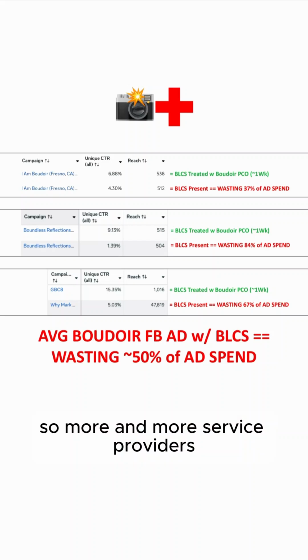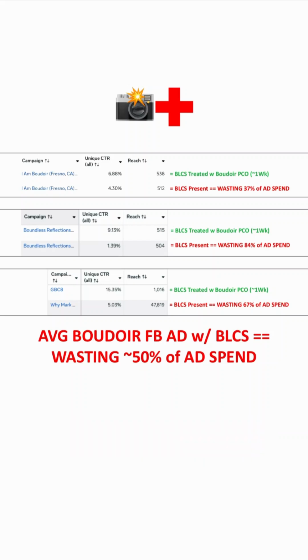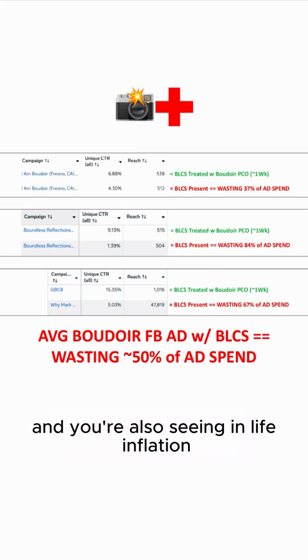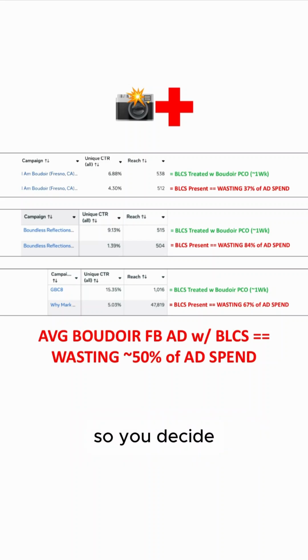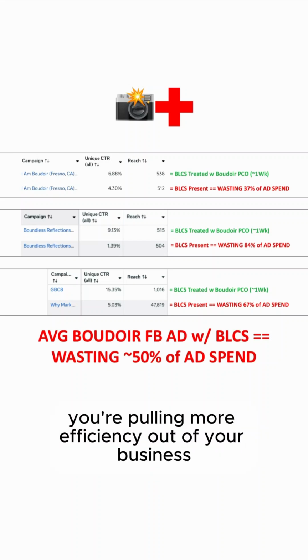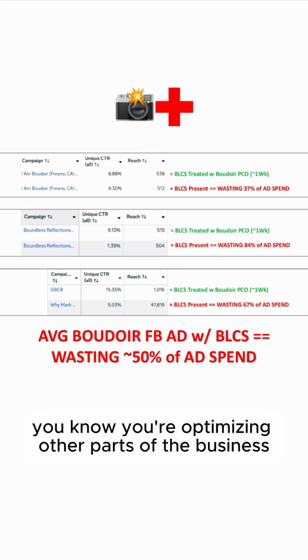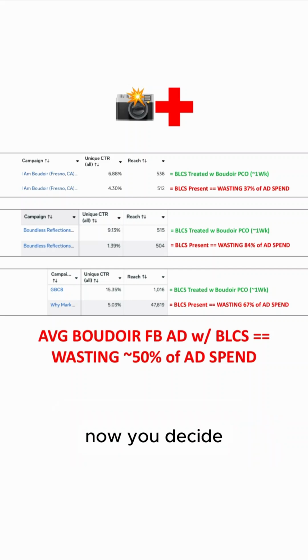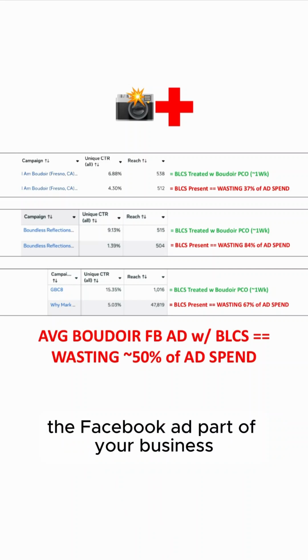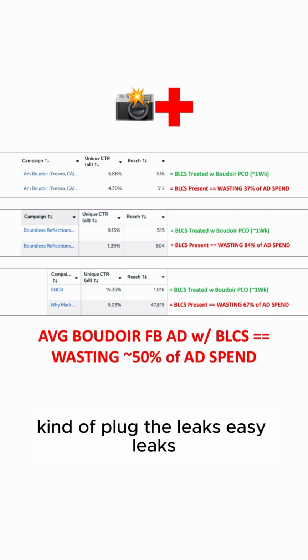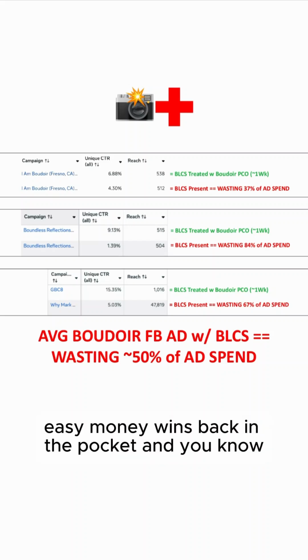So more and more service providers, same number of buyers, more and more competition, market's getting saturated, margins tightening for everyone. And you're also seeing life inflation, life costing more and more. So you decide you're pulling more efficiency out of your business, optimizing other parts of the business. Now you decide you want to optimize the Facebook ad part of your business, plug the leaks, easy leaks, get some fast, easy money wins back in the pocket.